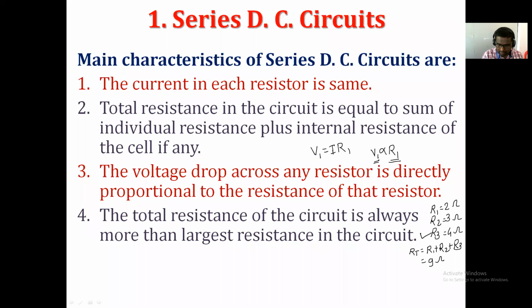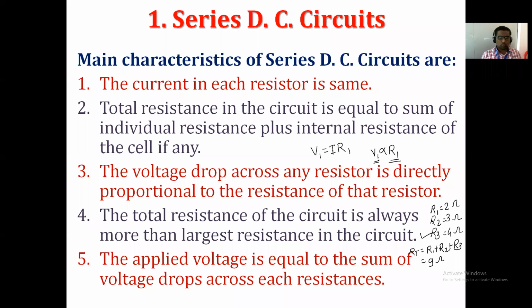So this 9 ohm is always greater than 4 ohm, because we are doing addition, and an addition is definitely greater than that number. It means you have to take care that the total resistance of a series circuit is always greater than the largest resistance present in that circuit. This is another main characteristic. Get my point? Okay.